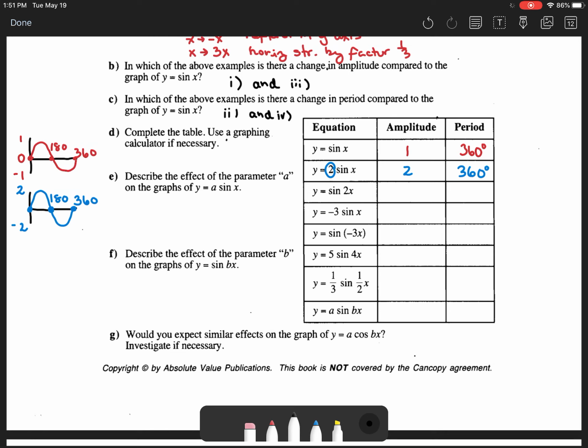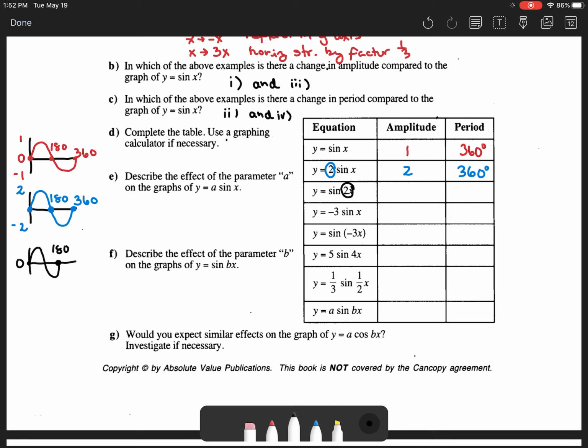In the next one, I've replaced x with 2x, so that would be a horizontal stretch by a factor of 1/2. So everything gets cut in half. That graph would look like this: it would now be doing one complete cycle between 0 and 180.